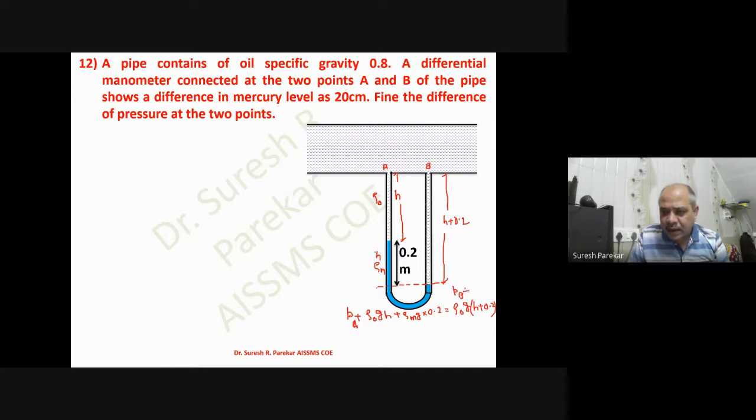We are coming downward, so from PA downward, this value H and then 0.2. Similarly, from PB downward, we have rho naught G into H plus 0.2. And now if you rearrange the terms, then I will get PB minus PA, and that is equal to rho m G into 0.2 minus rho naught G into 0.2.